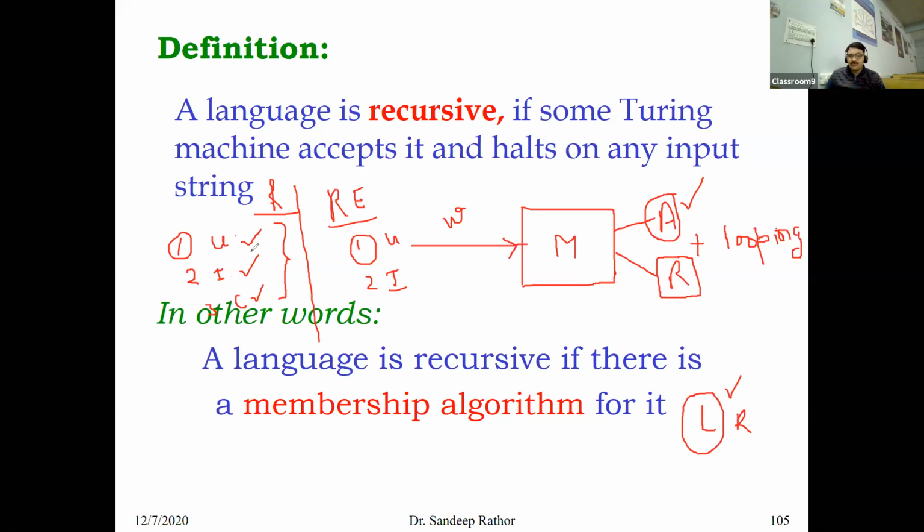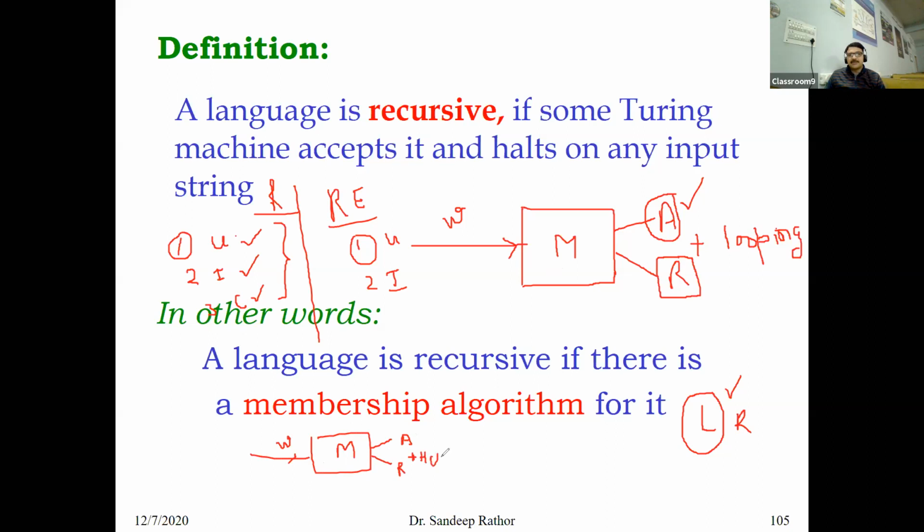Suppose this is your machine and W is the string you pass to it. If it is recursive, then definitely you will get the answer in the form of accept or reject, and your machine will halt. Is it clear?